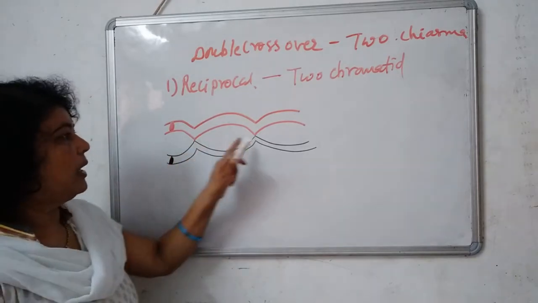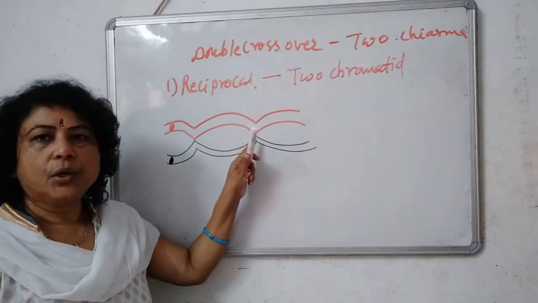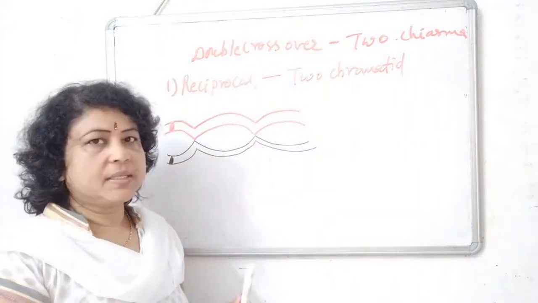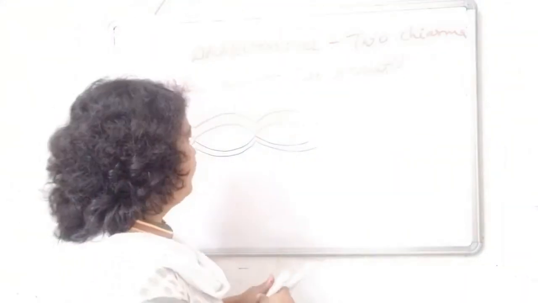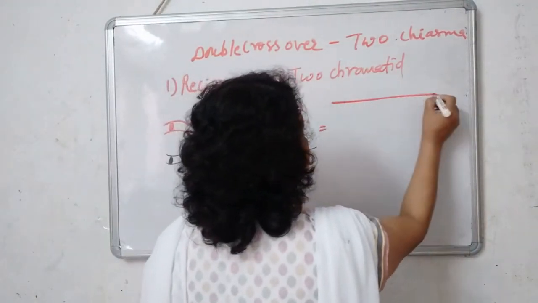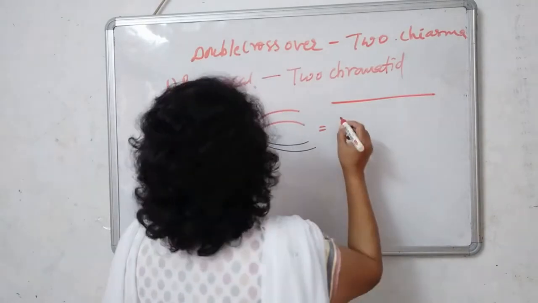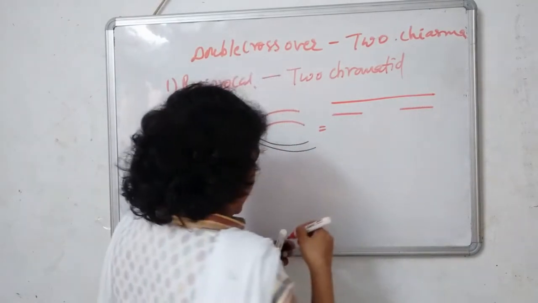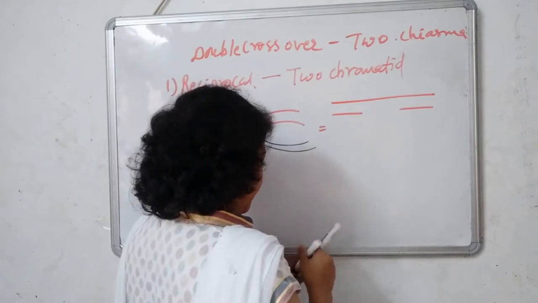Here at two places the chiasmas are produced. So with chiasmas at two places, it produces four different types of recombinants or resultants. One is completely parental, the other is where the central part gets exchanged.